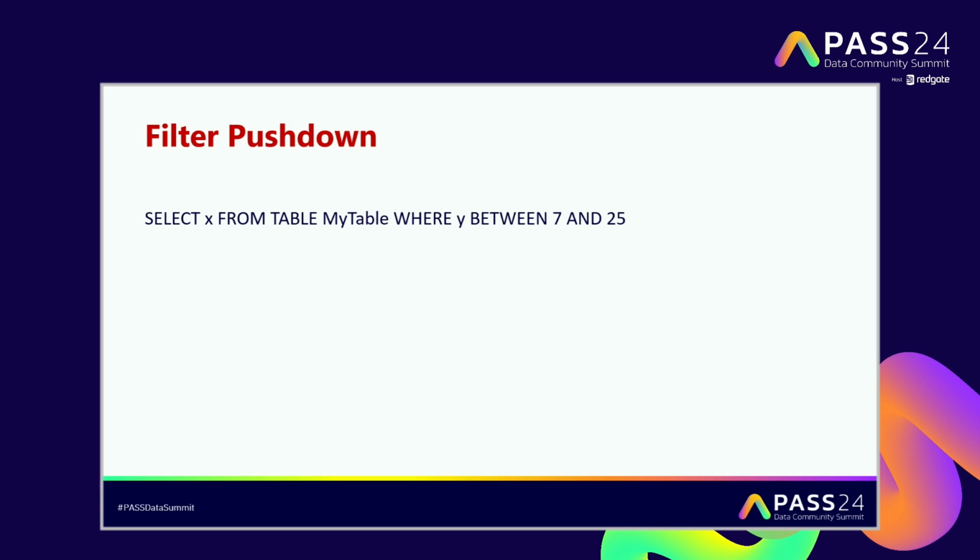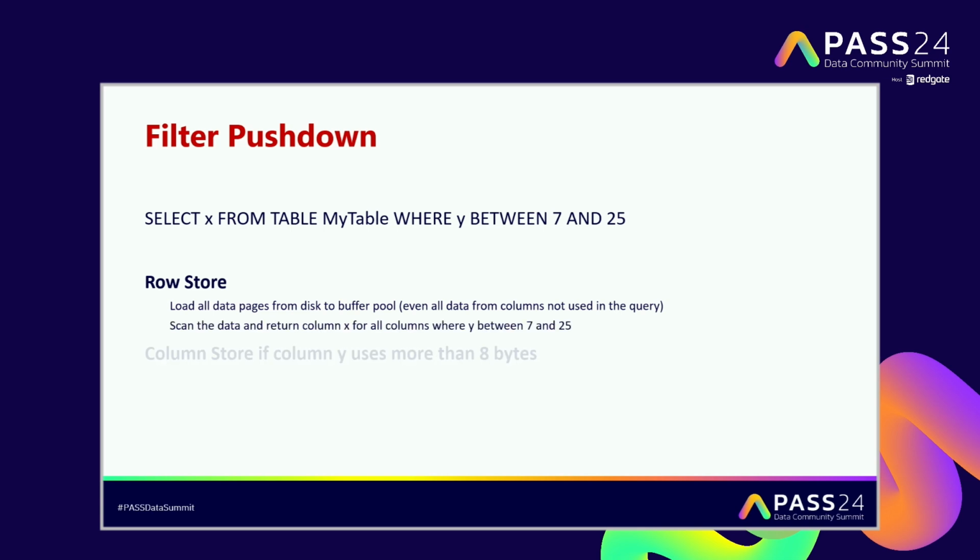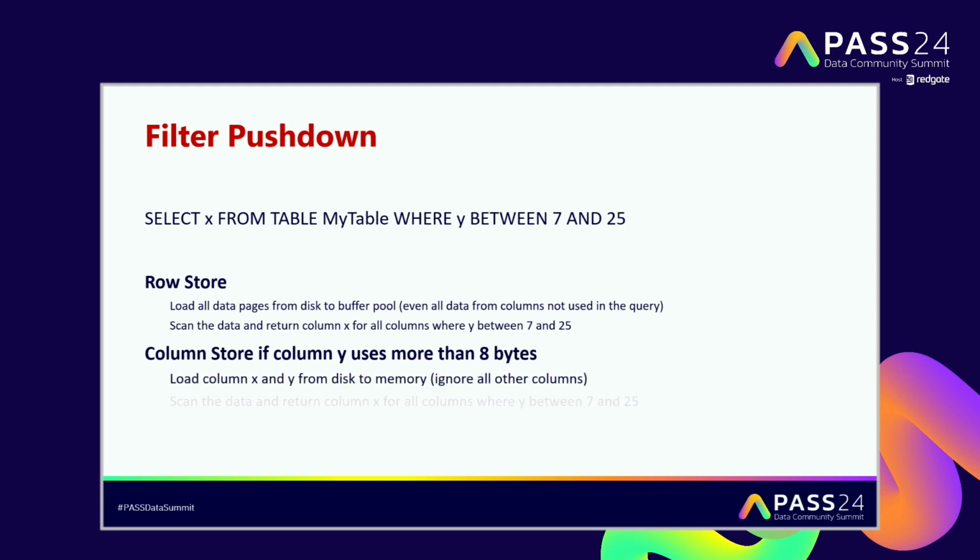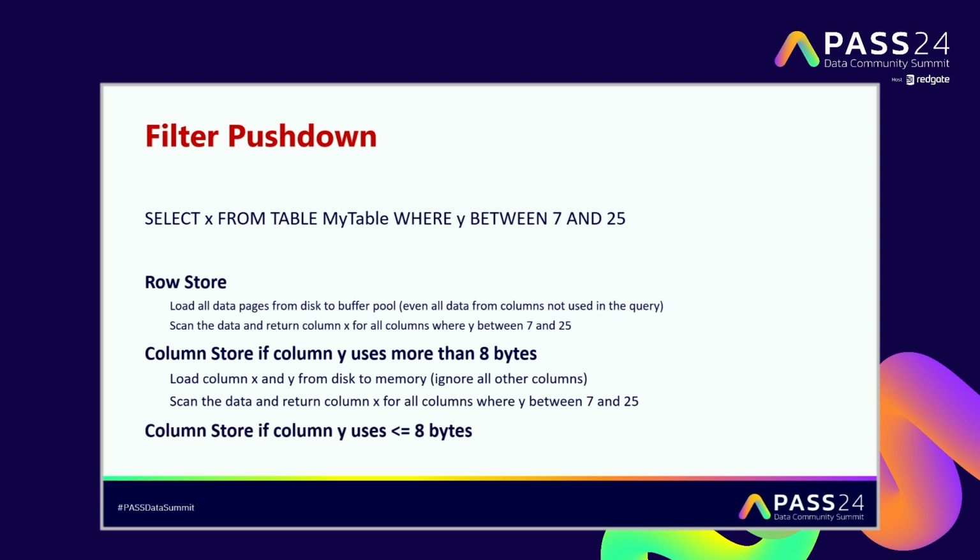So if you have the simple case, select from a table where some column is between two numbers. In the row store, as I said, it will pull up everything and process everything. In the column store, if it's more than 8 bytes, it will just read the column and figure out which rows it needs. But if it's 8 or less, it just gets back the rows that match the filter.